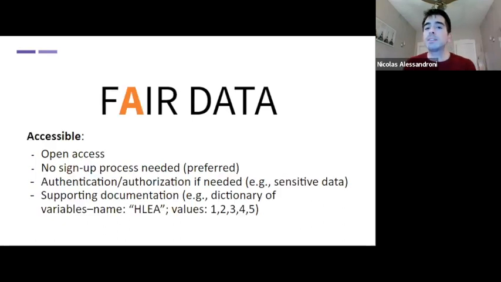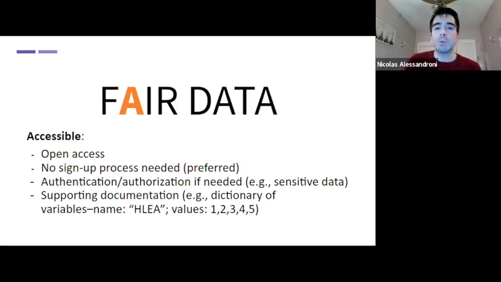Then FAIR principles say that data should be accessible. This means that datasets should be openly accessible freely, that there is no sign-up process, and this is the preferred route. This means that people can download the dataset for free without logging into a platform, without creating a user.